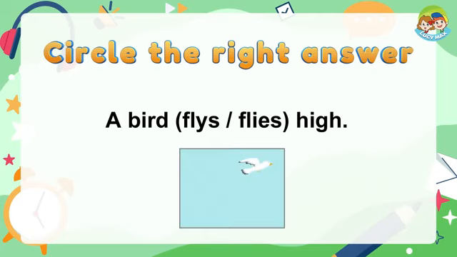A bird flies high. The verb flies is spelt with IES because it ends with Y. A bird flies high.